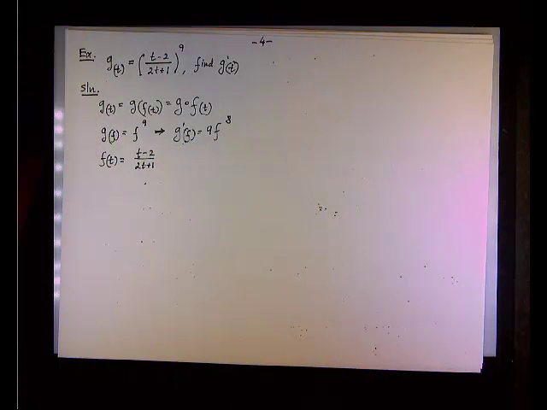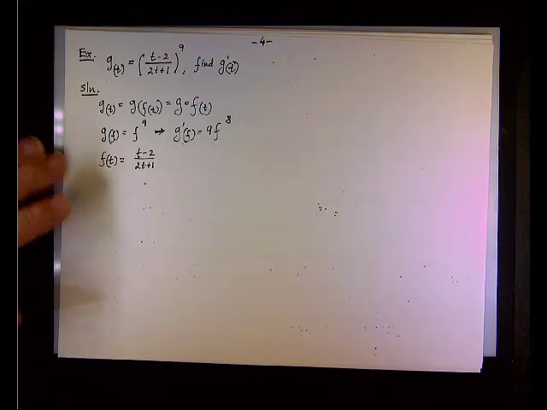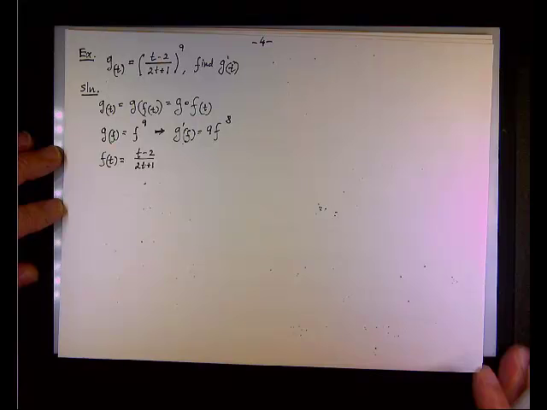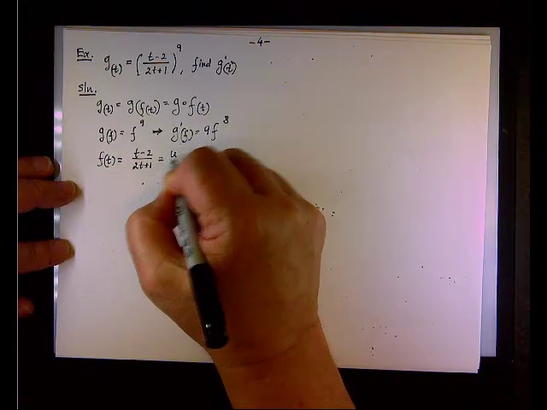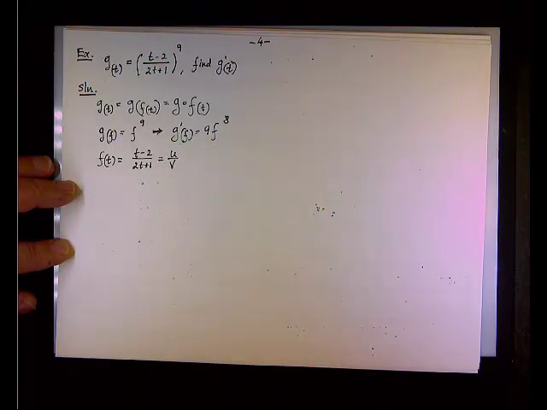Now we have a problem in finding the derivative because we have a quotient. So before we jump on to the derivative of f, we need to come up with the quotient rule. So we're going to say that this will be u over v, like so. All right?